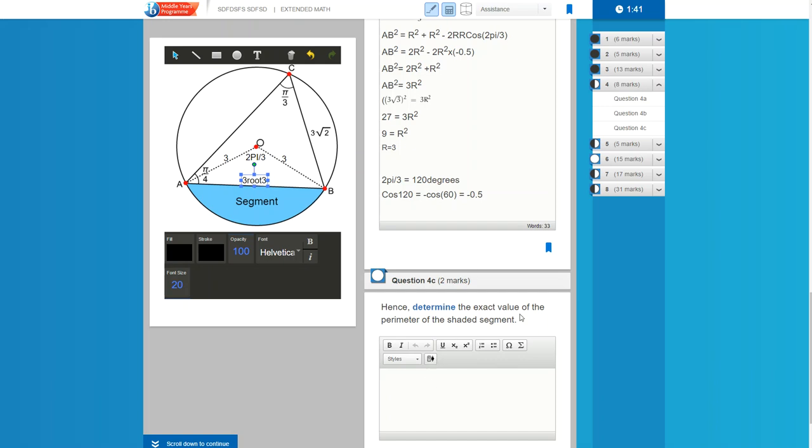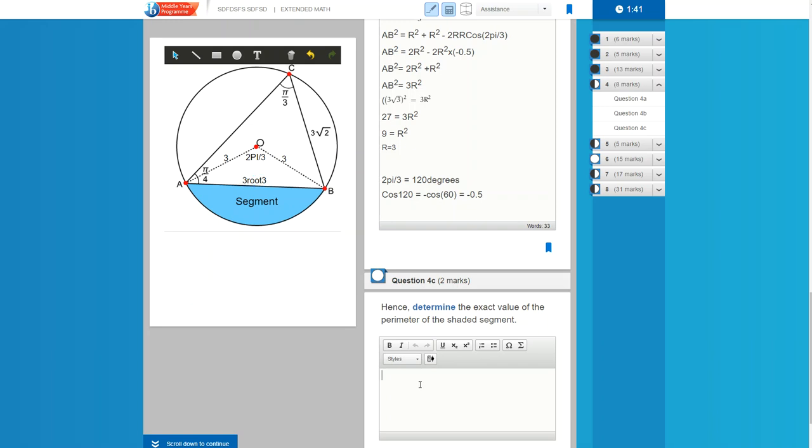Right, hence determine the exact value of the perimeter of the shaded segment. So I want AB, which is 3 root 3, so I need to work out this part here. Now, what is this called? Right, good, Jaden. So it's arc of AB. Now, you can remember how we work out the length of an arc. Do we need to remember?